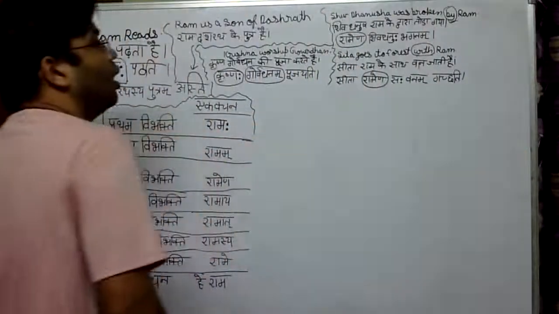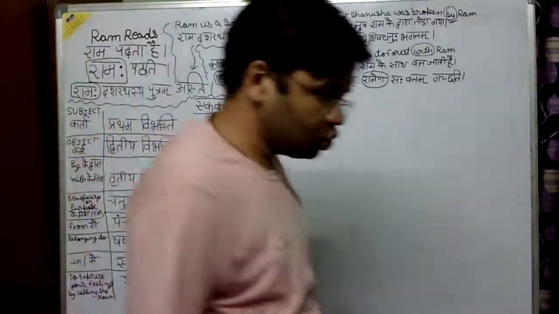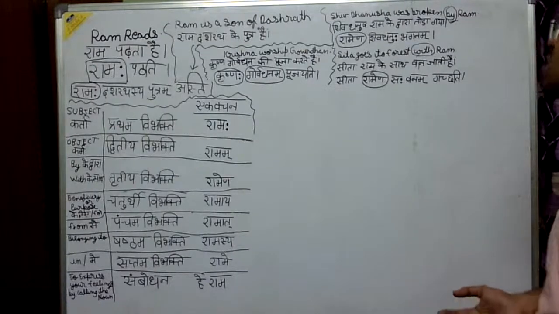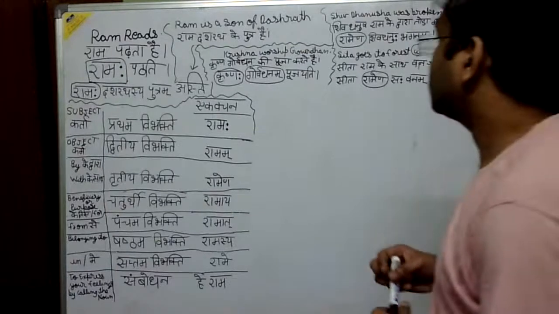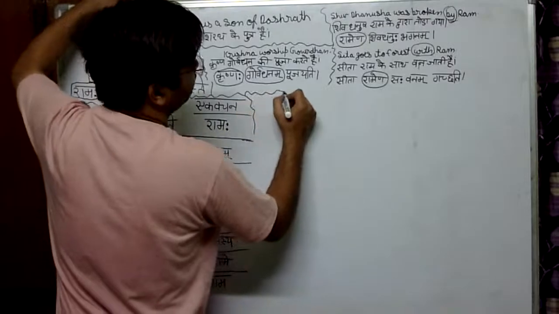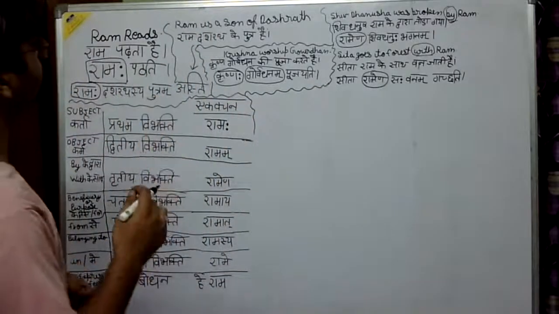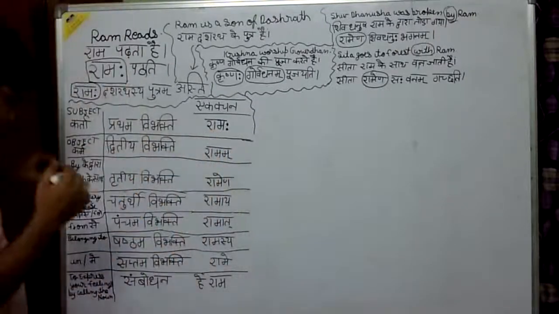So we have learned how to use Prathama Vibhakti, Dvitiya Vibhakti and Tritiya Vibhakti for making these sentences. Now we will look upon the Chaturthi Vibhakti. Look how the sentence forms using Chaturthi Vibhakti.